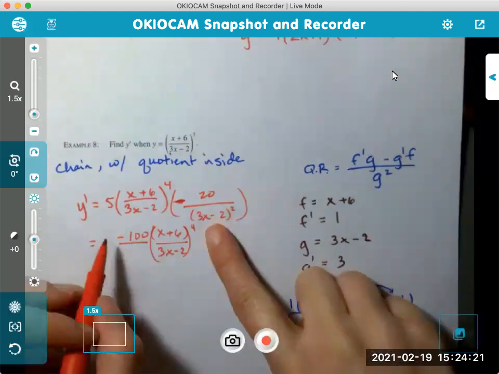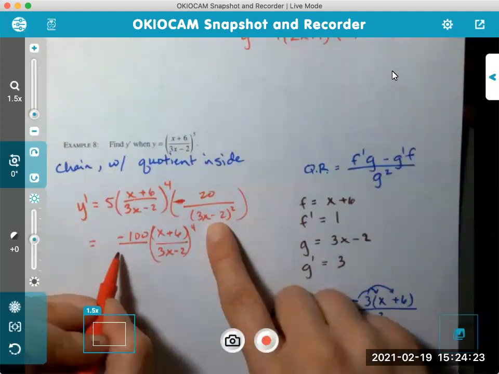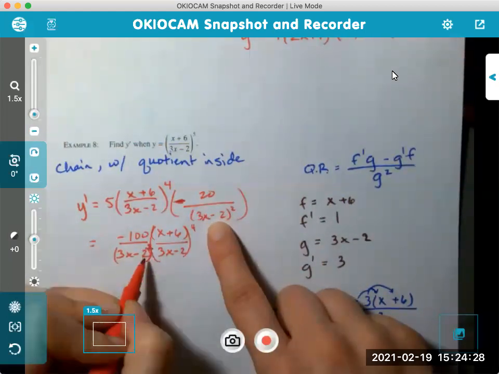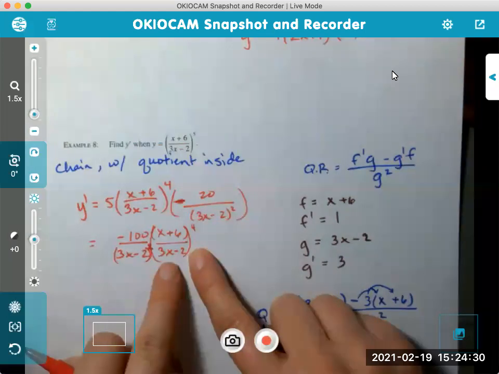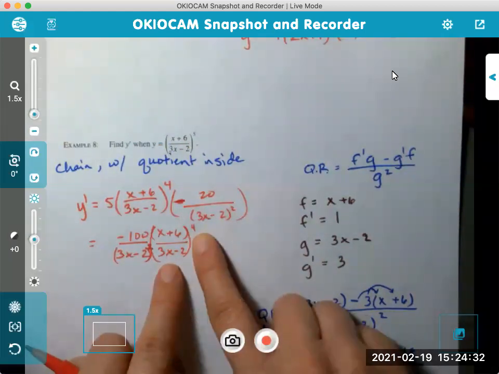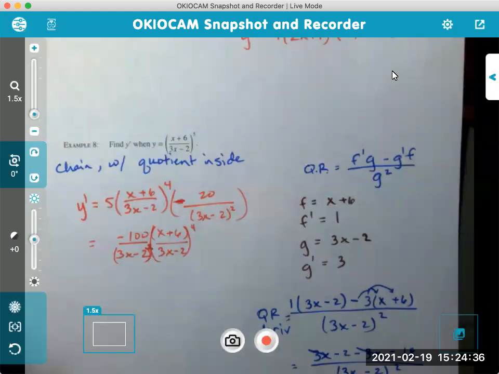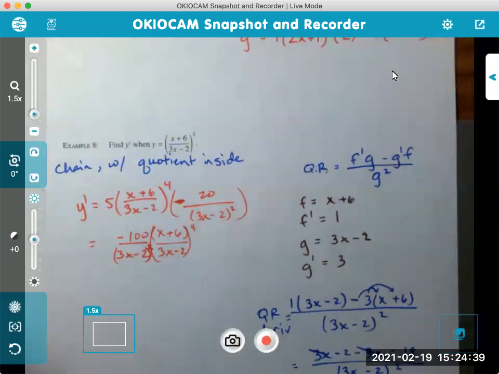And then I'm going to slap this denominator to the front, and that's squared. But notice I need my original inside to still be inside the 4. And that's example 8. Hopefully not too bad.